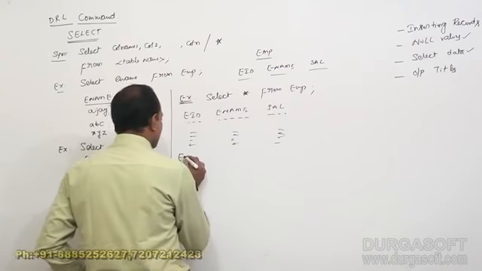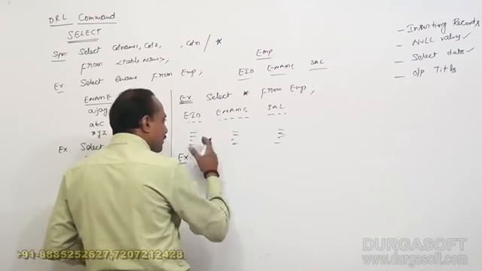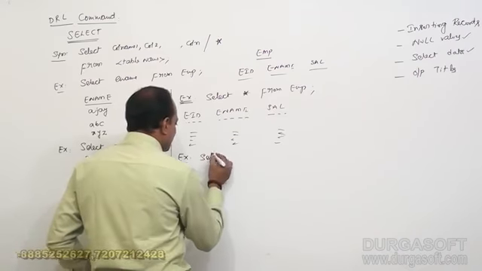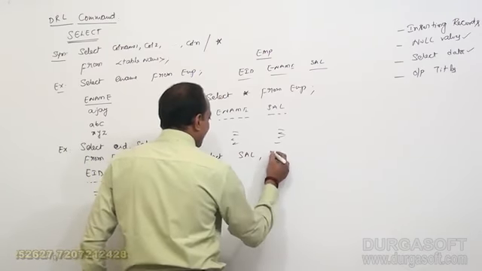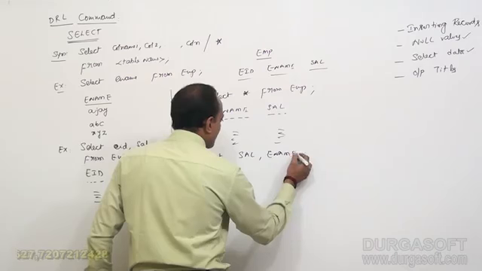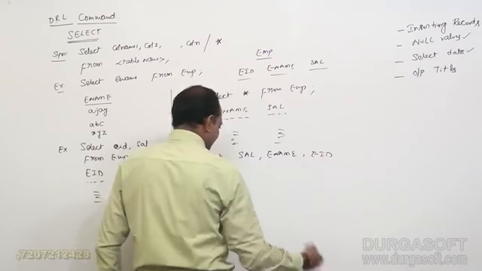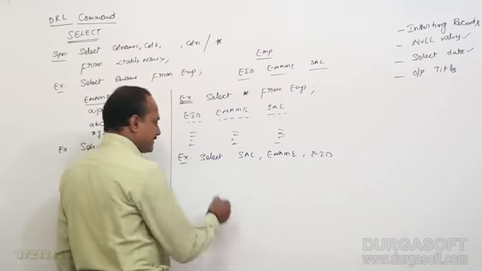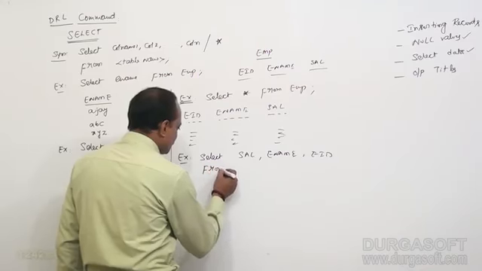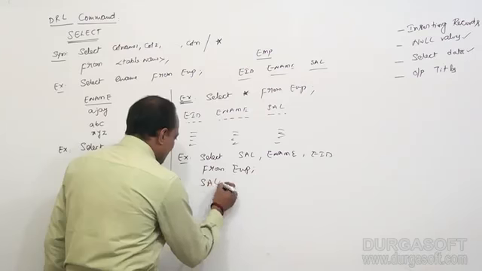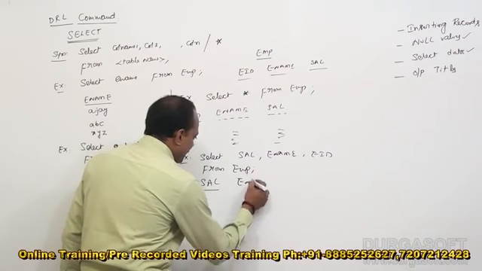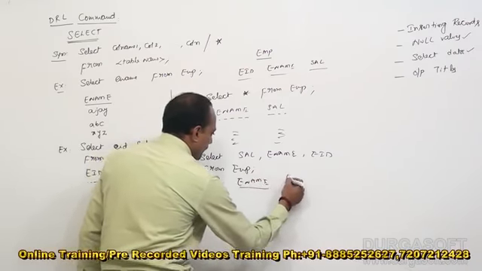I am just rearranging the columns in the output. Select salaries first, next employee name, next employee ID. Yes, you can display. No issues. From EMP. So it will show salary, employee name, employee ID.